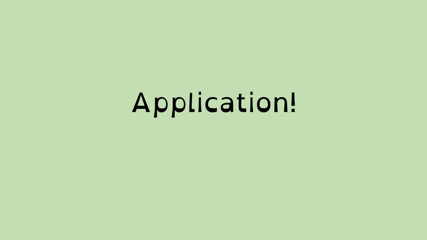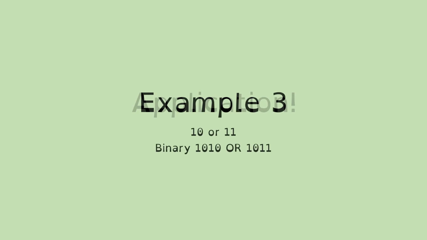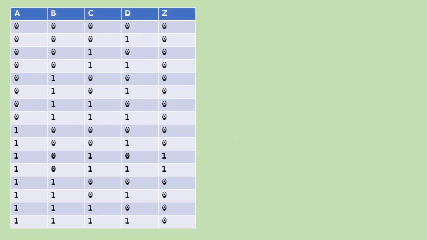Right, so let's apply this. We've done a whole lot of principles. We've done a more complicated example, actually, than the example that we wanted to tackle, which is we've got a decimal input of 10 or 11, which is a binary 1010 or 1011. So, truth table.